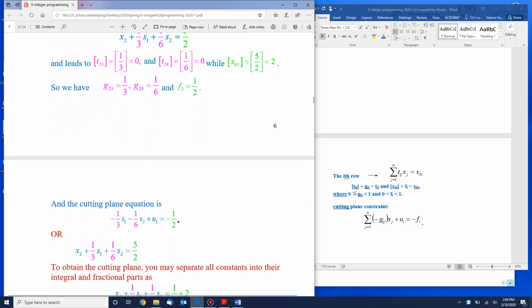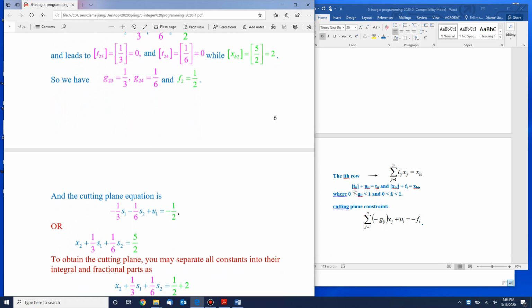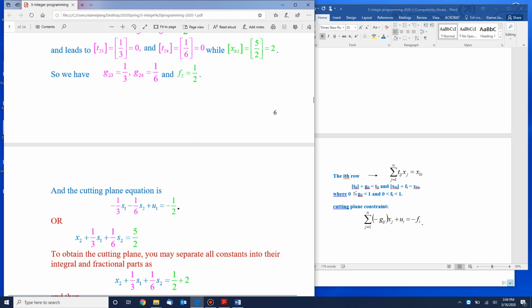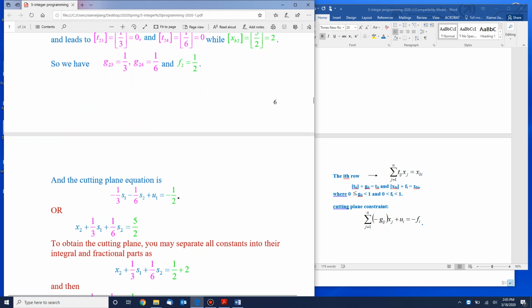To get the cutting plane, you may simply separate all the coefficients and the constant into their integral and fractional parts. 1/3 and 1/6 are both fractional parts, so you don't need to do anything with them. The constant 5/2 you can separate into the fractional part 1/2 and the integral part 2, right?